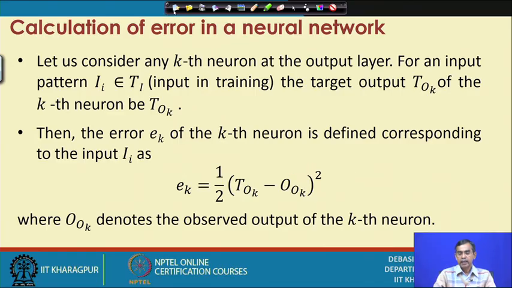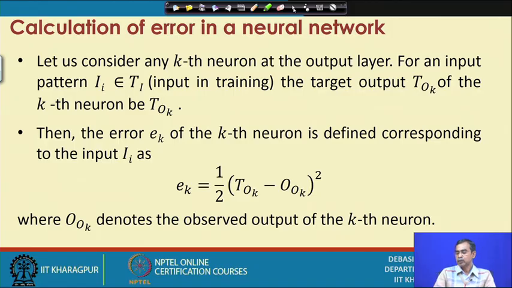This way, for all inputs that are there in T I can be known, and hence the true output also can be known, and therefore for each input and for each perceptron the error can be known. So, error can be calculated.